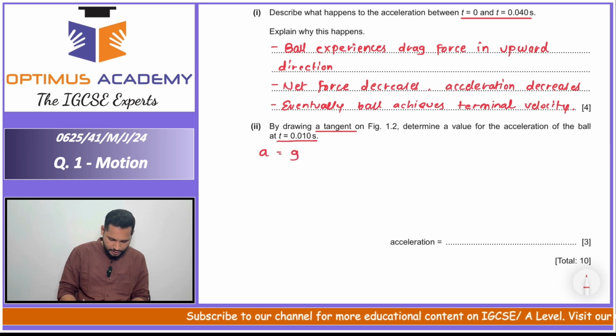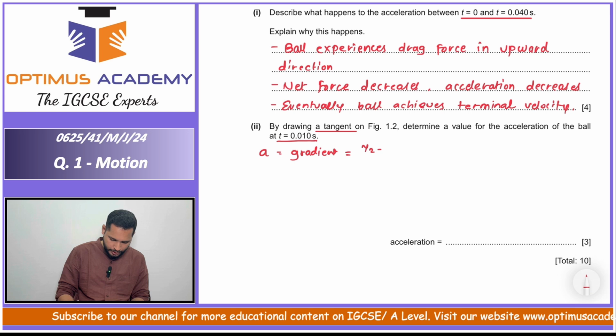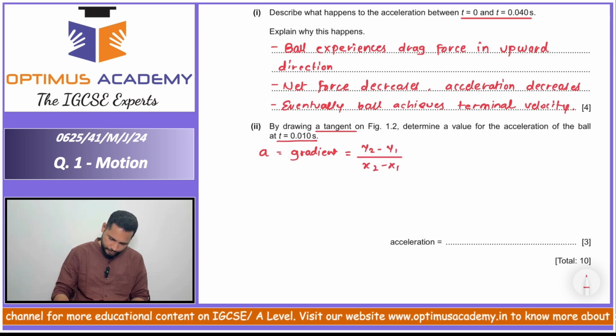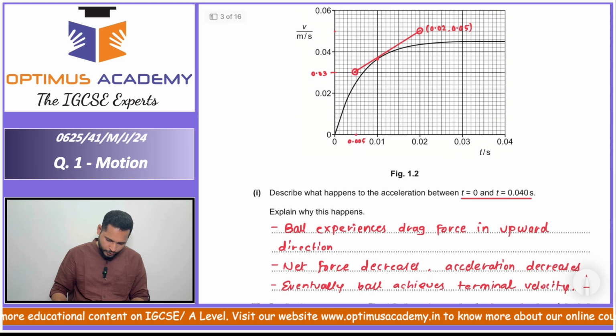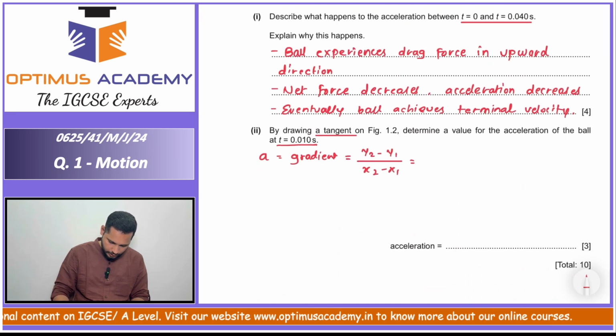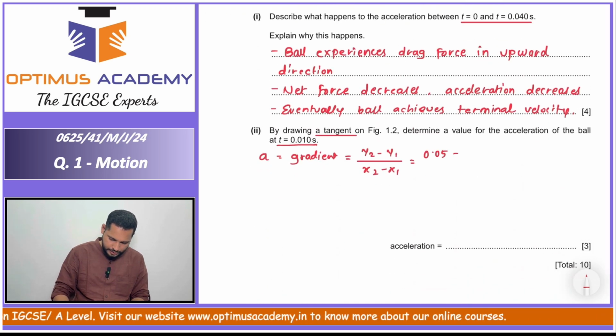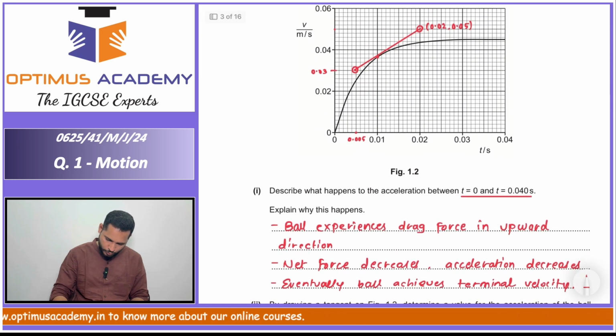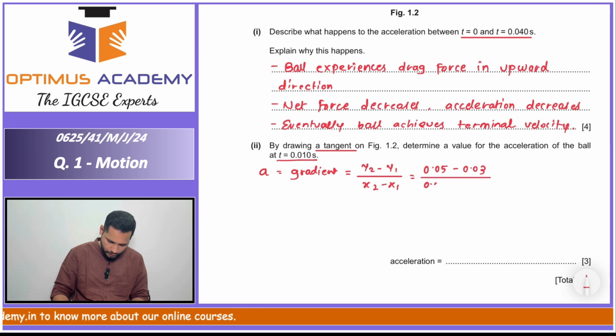So acceleration is equal to gradient, that is equal to y2 minus y1 upon x2 minus x1. Now y2 is 0.05 and y1 is 0.03, divided by x2 minus x1, that is 0.02 minus 0.005.